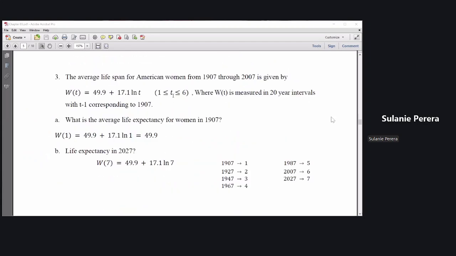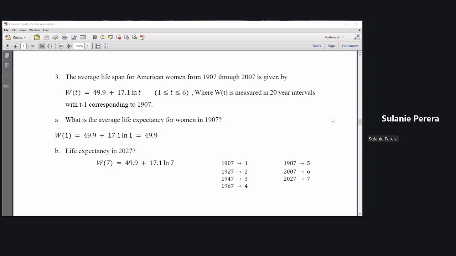The average lifespan for an American from 1907 through 2007 is given by this equation, where t equals 1 corresponds to the year 1907 and t lies between 1 and 6. And this is measured every 20 years. So 1907 is 1, then 1927 is 2, 1947 is 3, and so on.